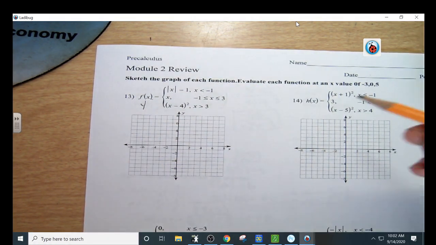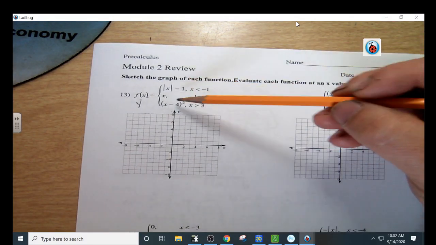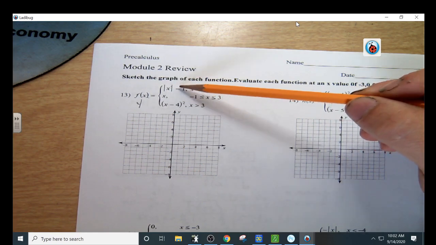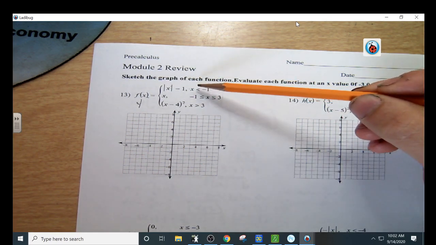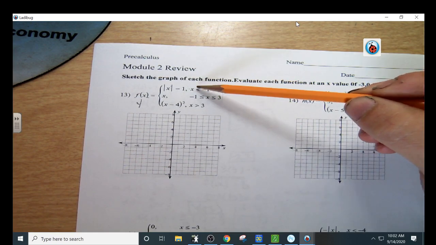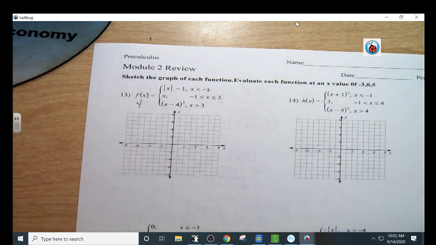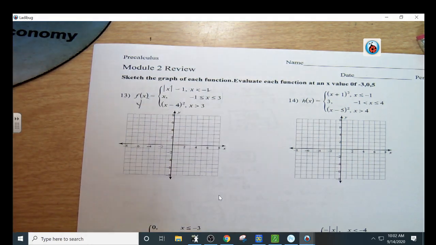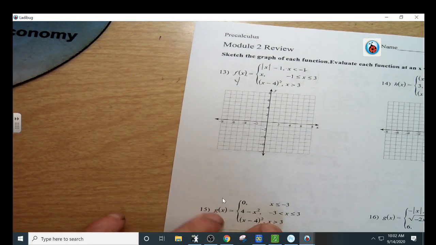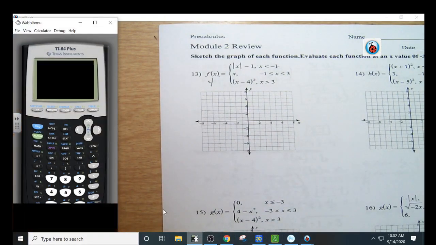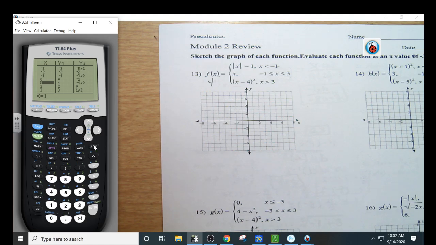Okay, so now the first piece of our piecewise is the absolute value of x minus 1, and we have to do it on the interval of x values less than -1. Guys, Desmos is a good bit easier. The only reason I don't use it as much is because it's hard to get everything on the screen.